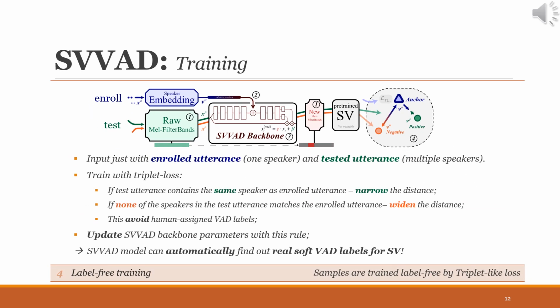To train this model, we use the triplet loss. Here, we input the enrolled utterance with one speaker and the tested utterance with multiple speakers.